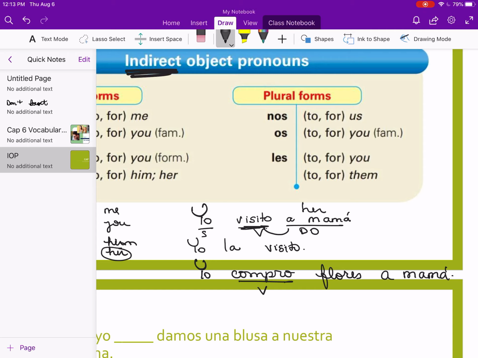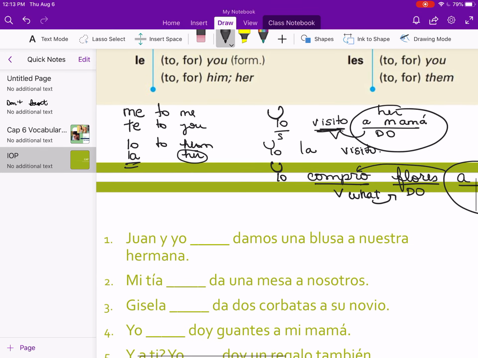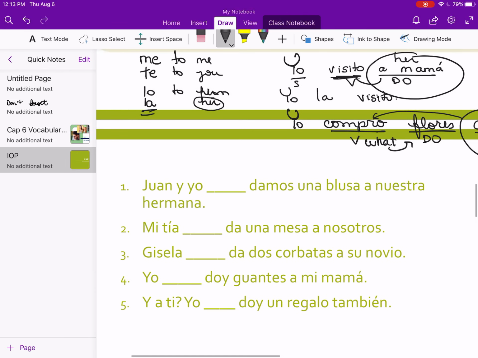Mamá. Here, what do I buy? Flores. Who do I visit? Mamá. So really, what to the verb will give you that. So a mamá can be both direct or indirect depending on how it relates to the verb. And that's really the key.